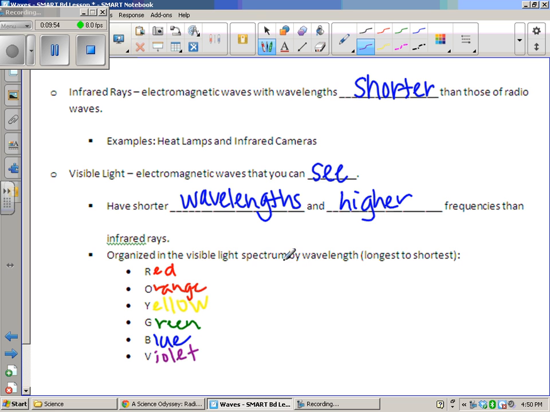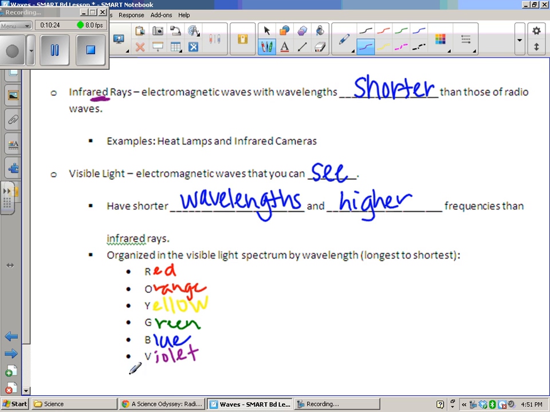If you take a look at this spectrum of visible light, we know that the longest visible wavelength is red. So it's easy for you to remember that infrared is right before you get to visible light. Here's your infrared part, so this even says red.